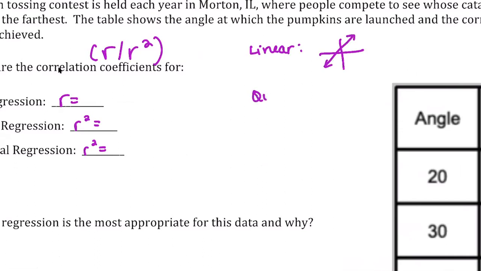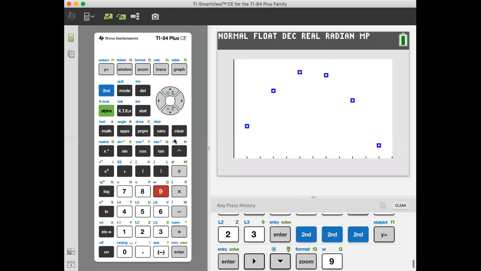Quadratic functions are going to have some sort of U-shaped graph. And the ones that have exponential shaped graphs are going to start off pretty flat and then go up, or start off pretty flat and then go down. So whatever graph we have, we can tell from this picture that most likely this is going to be our quadratic regression.